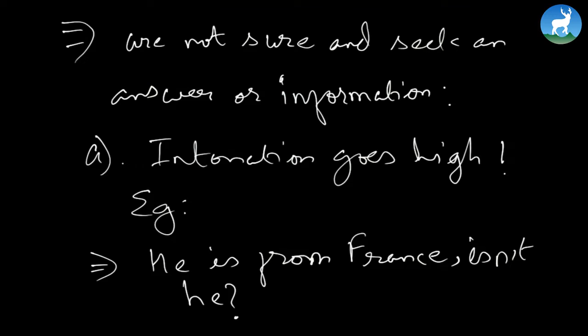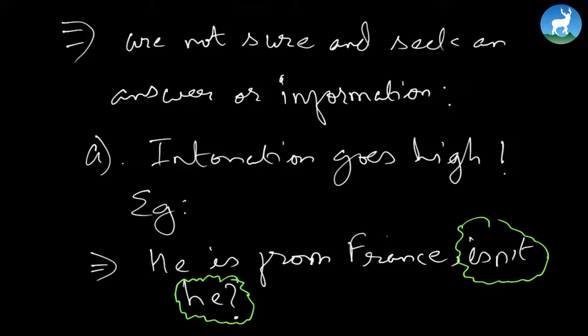See, the entire intonation here is focused on "isn't he." The moment you go high, it gives a message that you just have no idea what the answer is. You seek an answer. The moment you are low in the question tag, that shows that you know the answer, but still you want the person to confirm it to you. So this is how intonation also plays a role in question tags.